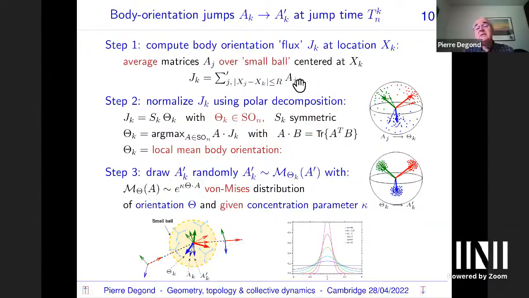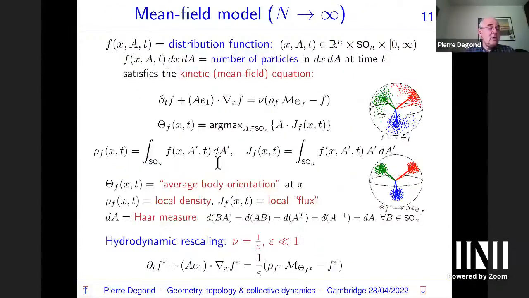So in particular, this integral must be right invariant by multiplication by rotation. So naturally, the Haar measure comes into the game here.